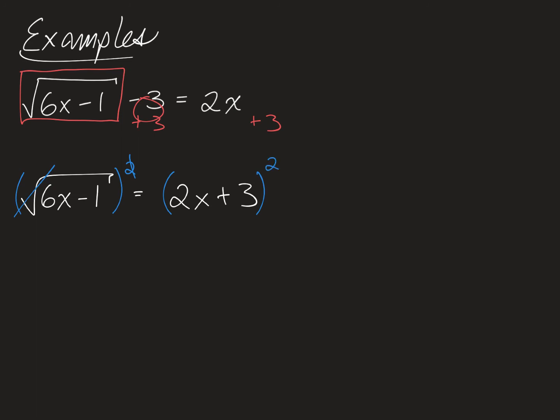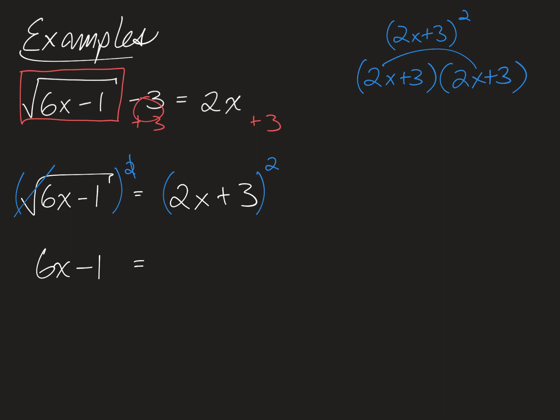Now, the left side of this equation is not a problem. 6x minus 1 equals. What the right side of this equation is telling you is that 2x plus 3 squared means 2x plus 3 times 2x plus 3. So you will have to distribute this all out, right? You can do 2x times 2x, which is 4x squared.